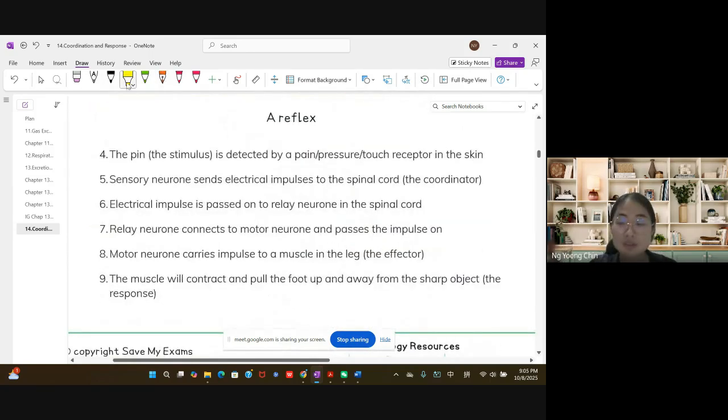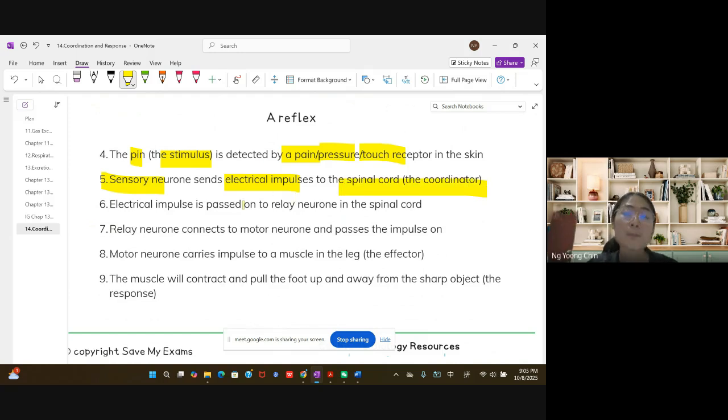And then you should know how to write the terms out. The pain stimulus is detected by the pain, pressure or touch receptor under the skin. The sensory neuron sends the electrical impulse to the spinal cord, which is the coordinator. The electrical impulse is passed on to the relay neuron in the spinal cord, which connects to the motor neuron and passes the impulse. The motor neuron carries the impulse back to the muscle in the leg, which is the effector itself.